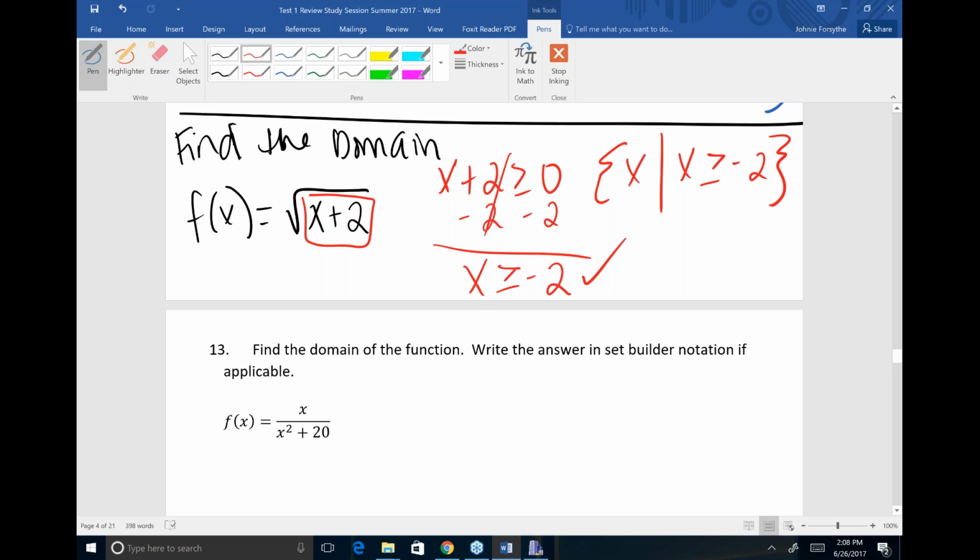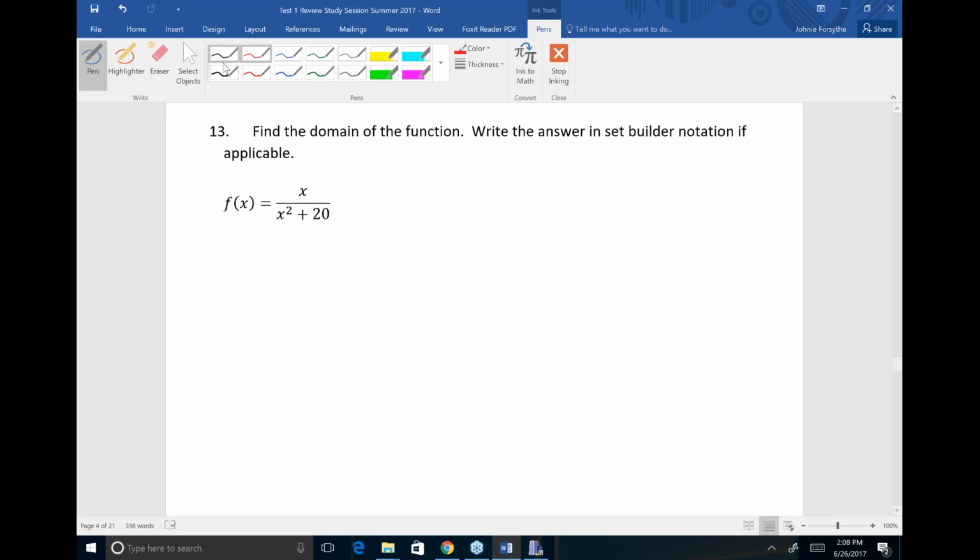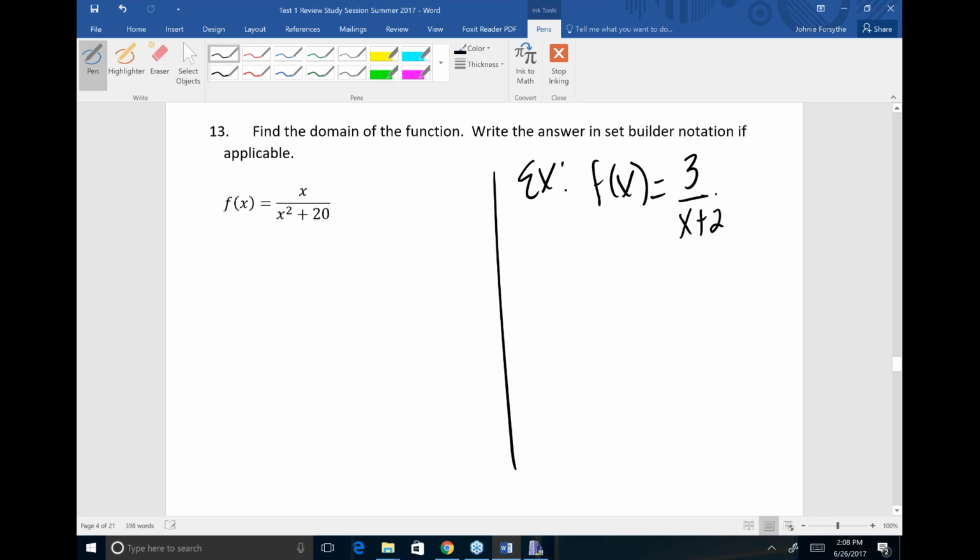Okay, the other scenario would be, I'm going to do a simpler one than what I have right here. Let's say I have f of x equals, I don't know, 3 over x plus 2. Let's say that's my function, and I want to find the domain. So I don't have a square root, but I have a denominator. I do not want the denominator to ever be 0.